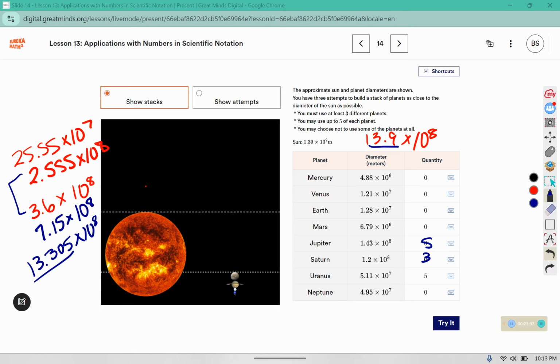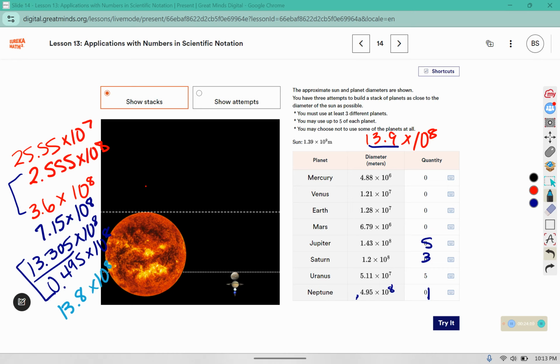So let's add a Neptune. I can rewrite this as 0.495 times 10 to the 8th. So 0.495 times 10 to the 8th combined with these, the 3 from before, 13.305 plus 0.495 is 13.8 times 10 to the 8th.